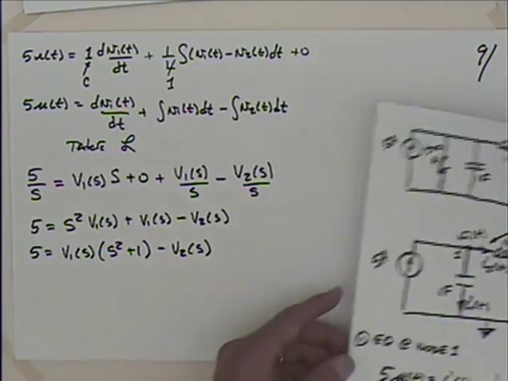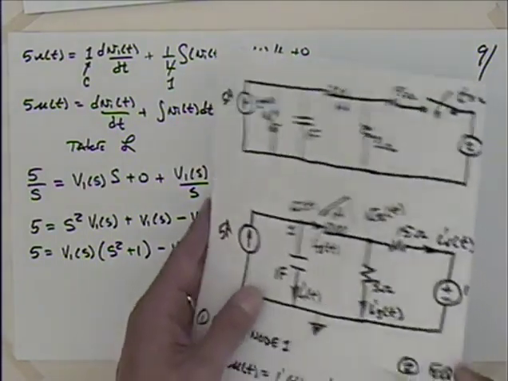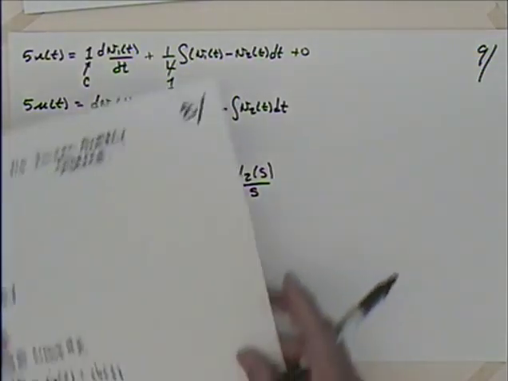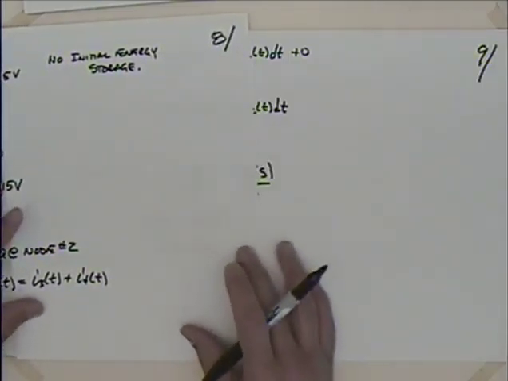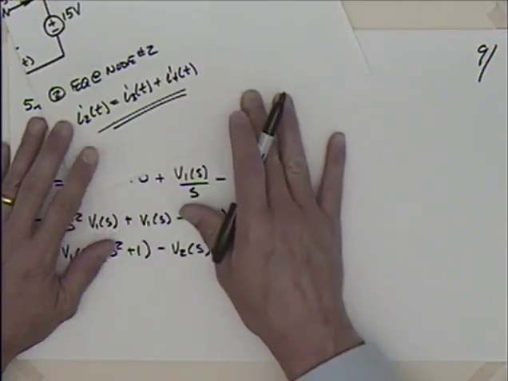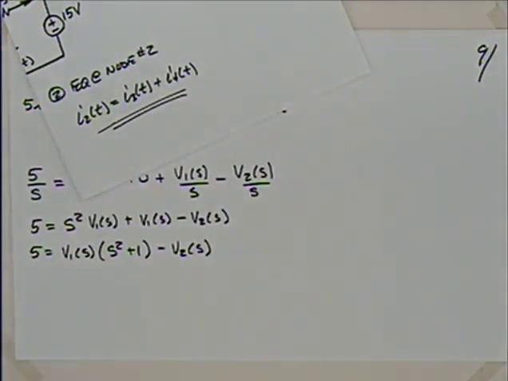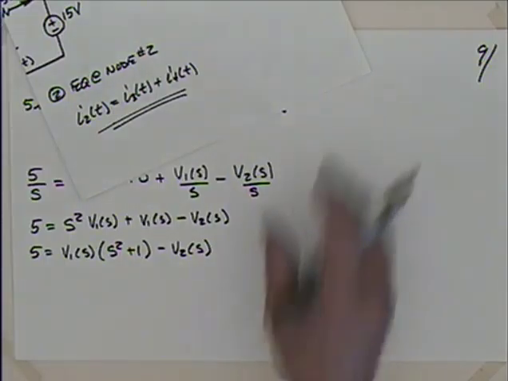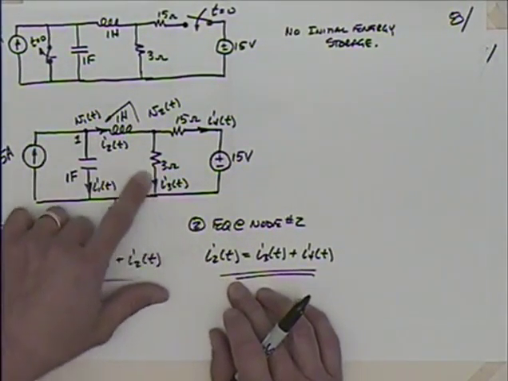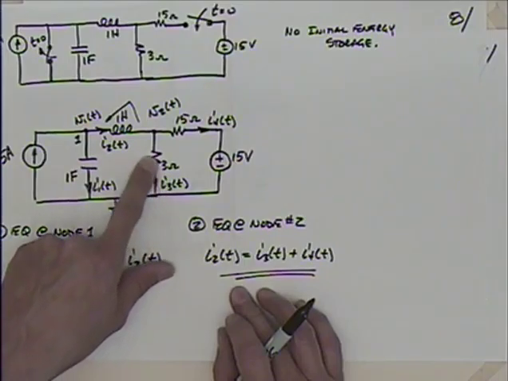Let me direct my attention then to the other equation, equation number 2, and see what we can get out of that. So I've got that equation right here, and let me work on that one for a while. Maybe I better do my substitution back over here, because I've got the circuit I need to see too.